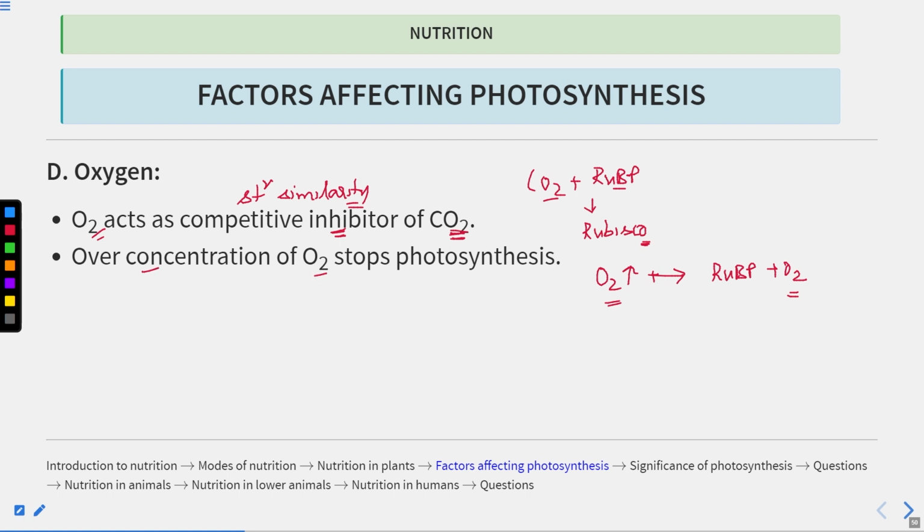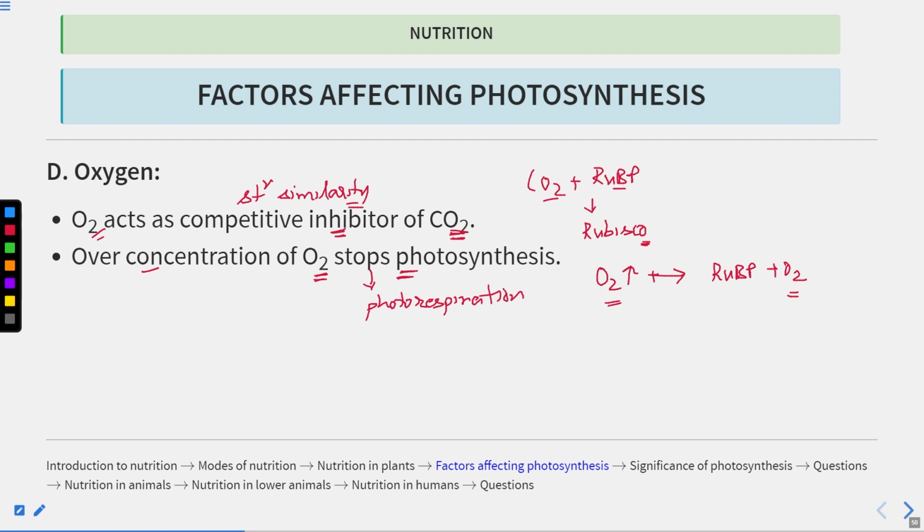Over concentration of oxygen stops the photosynthesis. If the oxygen level is very high, then photosynthesis will be inhibited. This happens because of the process known as photorespiration.